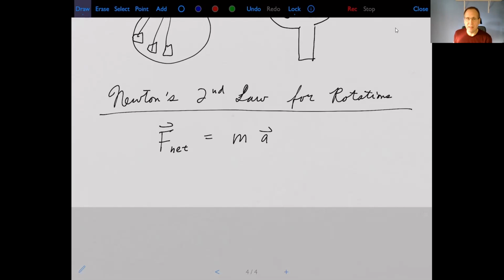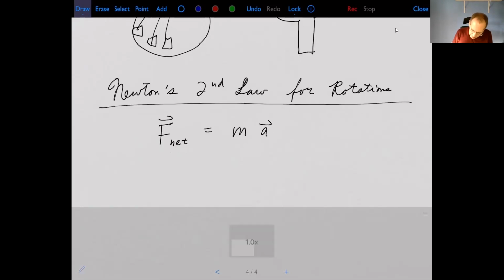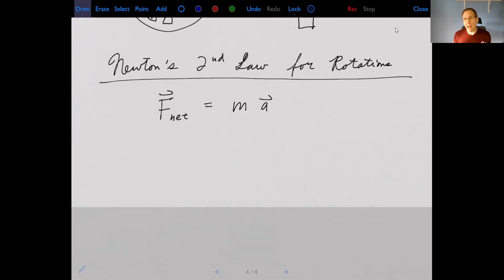Well, it turns out there's an analogous formula that you guys will talk a lot about in lecture. You're going to learn about this in lecture, where there's an analogous term for force, for the net force. And you may already know this. It's called the torque. So we have the net torque is equal to, there's an analogous term for the acceleration.